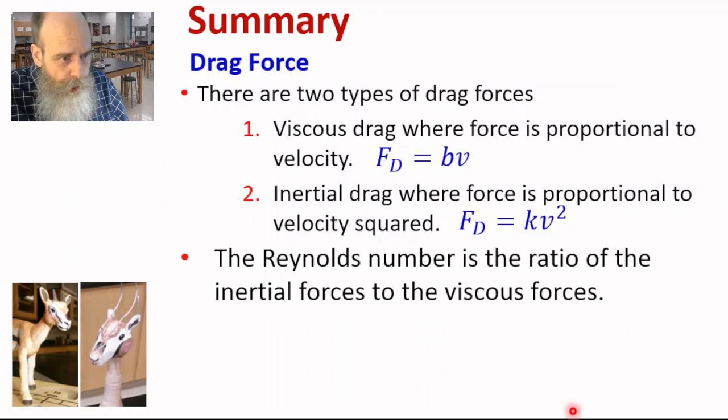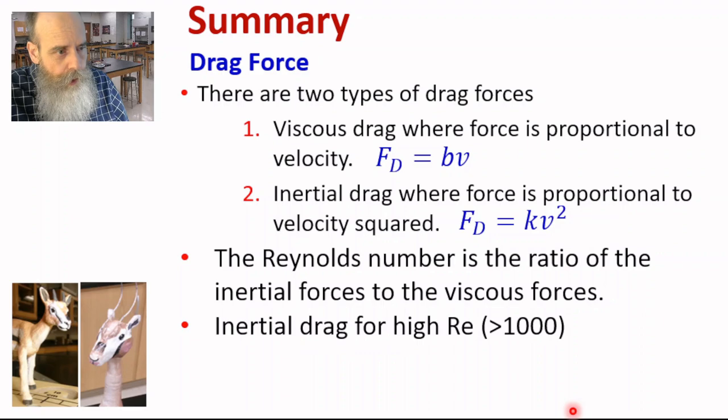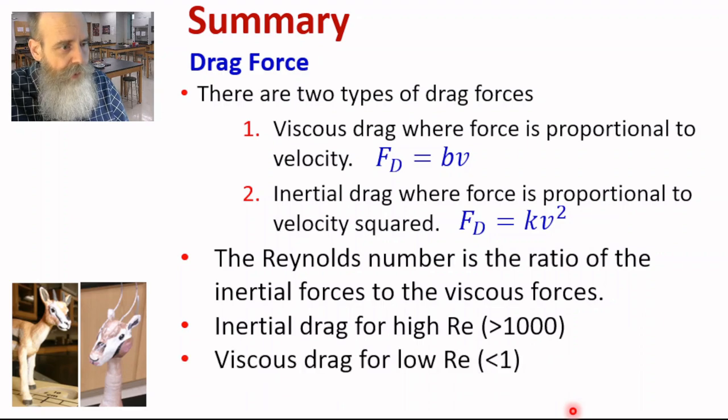The Reynolds number is the ratio of the inertial forces to the viscous forces, and from the Reynolds number, we can determine what type of drag force we have. We have inertial drag for high Re, greater than 1,000, and we have viscous drag for low Re, less than 1.